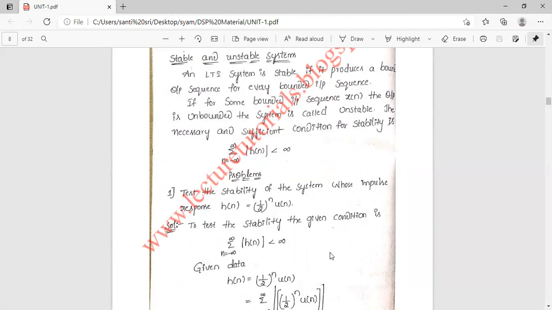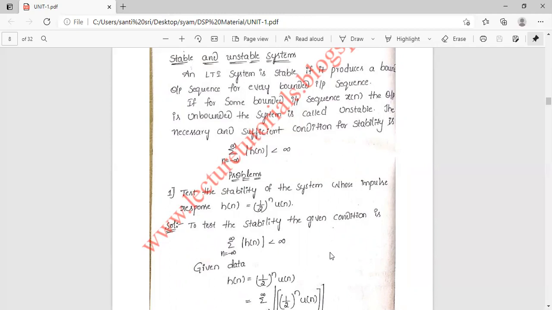In the sense, the sum must be some finite value, it should not be an infinite value.